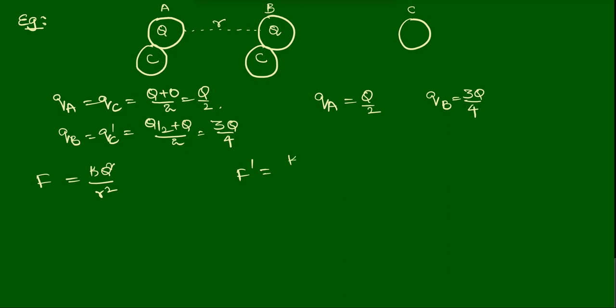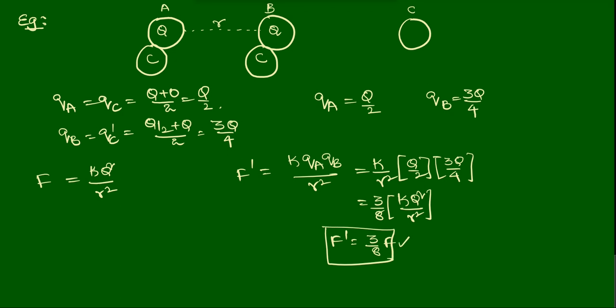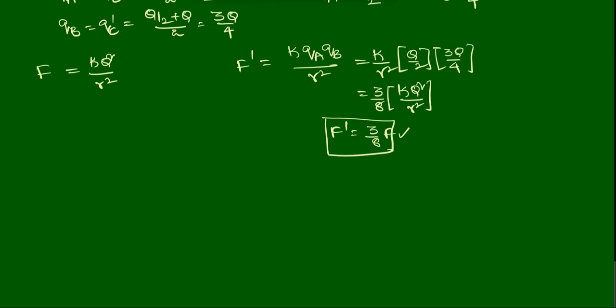The final force will be k QA QB by r², or k by r² into Q by 2 times 3Q by 4, which is 3 by 8 times kQ² by r². So the force decreases to 3 by 8 times that of the initial value. This kind of question you can also expect.